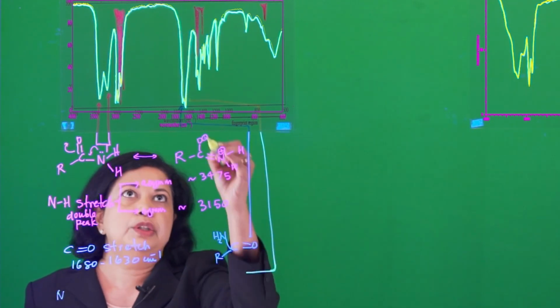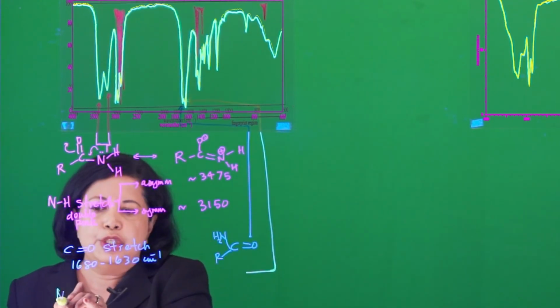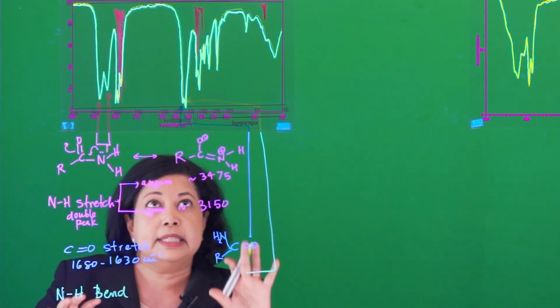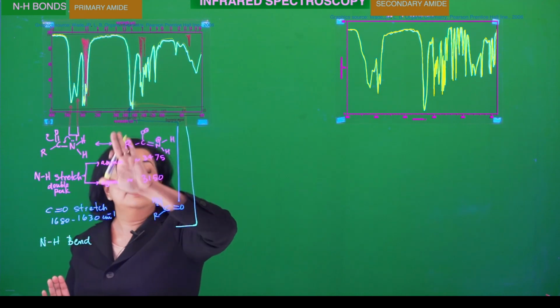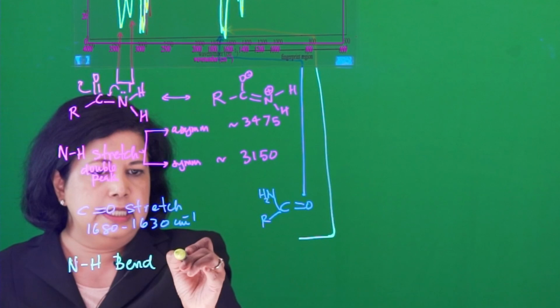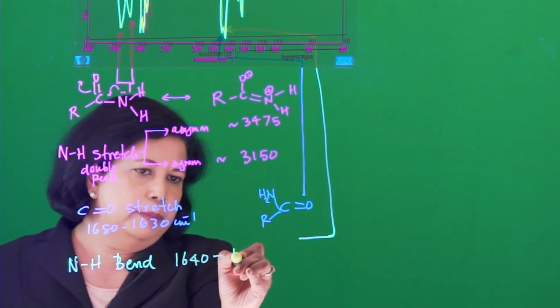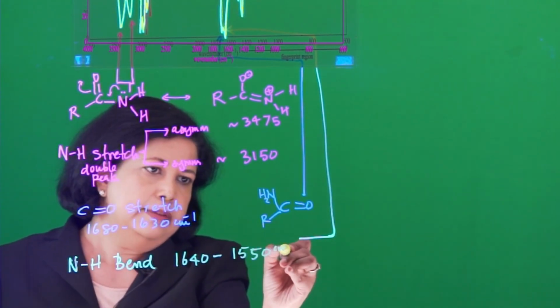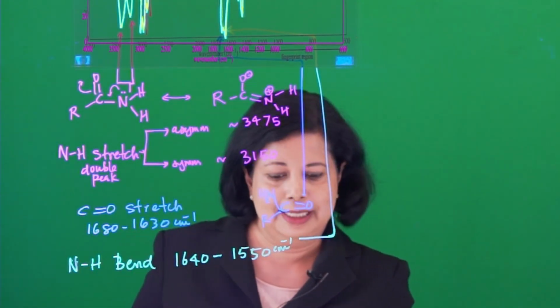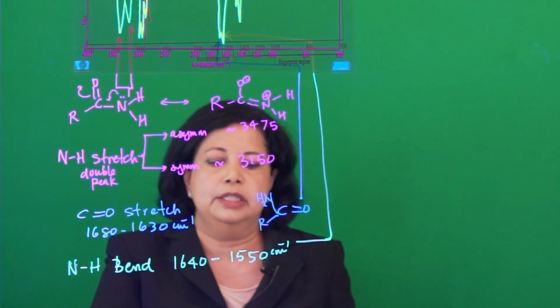So this is going to be an NH bend. Okay, we saw some CH bends here. This is an NH bend, all right? So the NH bend is typically around 1640 to about 1550, which is really close here to the CO. So that's why they appear right next to each other.